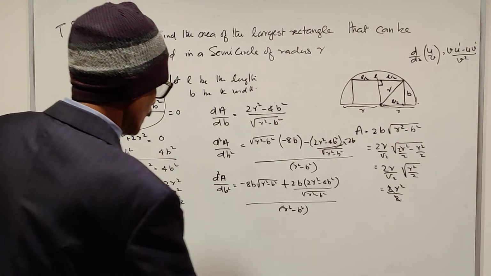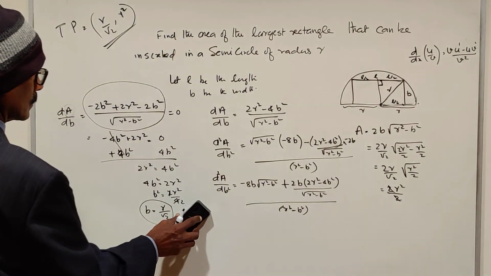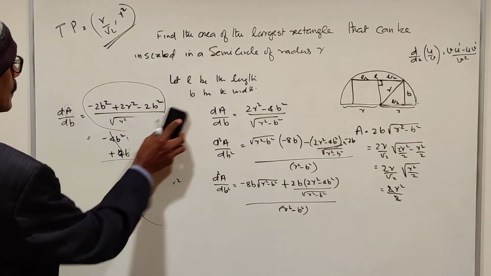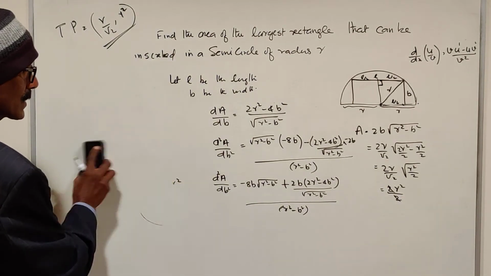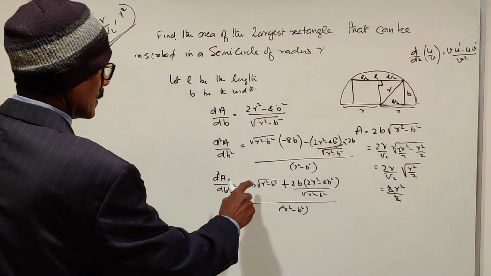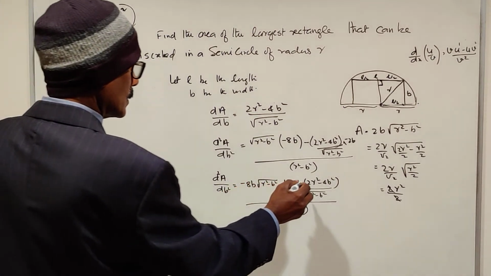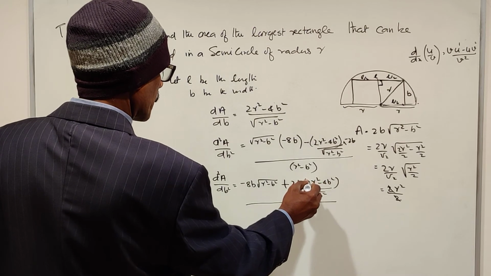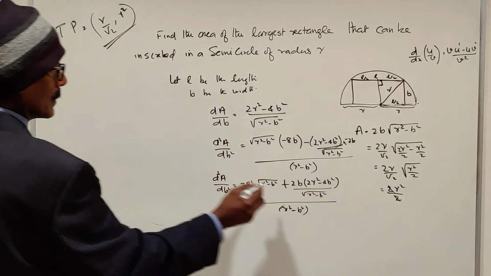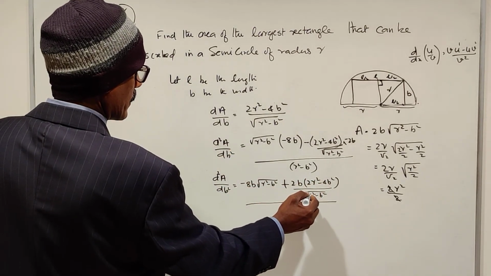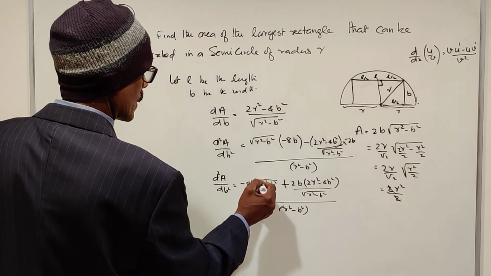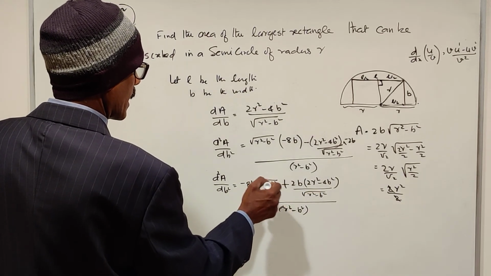I am going to erase this one. It's a long step. Okay, this one is easy. Minus 8b. See, when you take LCM, you get (r² − b²) into r. This one, the square root cancels, right?